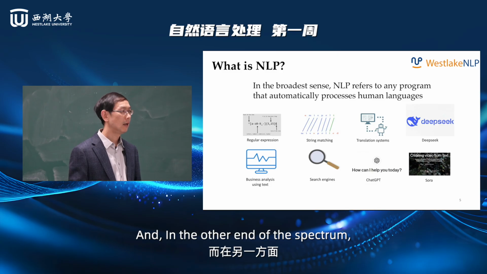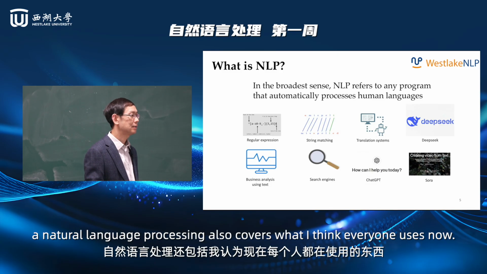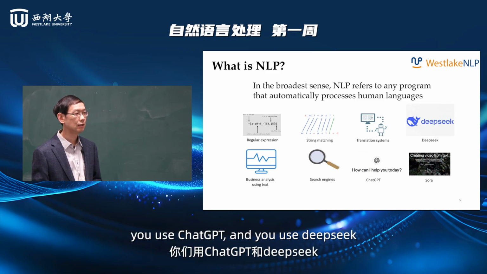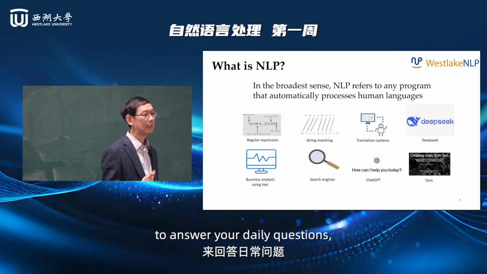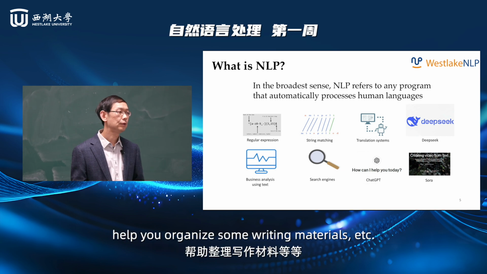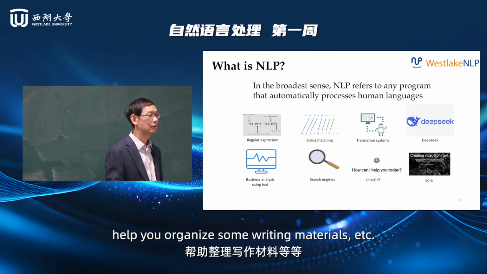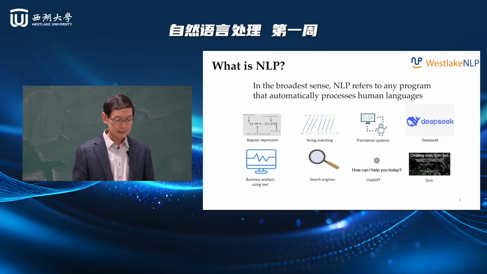And in the other end of the spectrum, natural language processing also covers what I think everyone uses right now, right? Large language models. You use ChatGPT and you use DeepSeek to answer your daily questions, help you organize some writing materials, etc. Okay, of course, not with your homework.